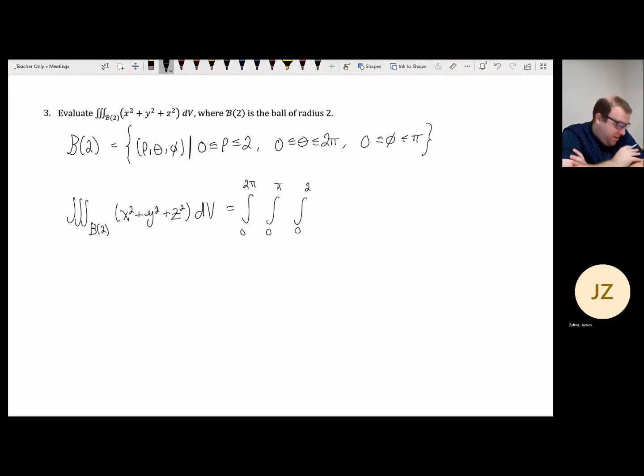In spherical, what does our integrand become? It's not rho.